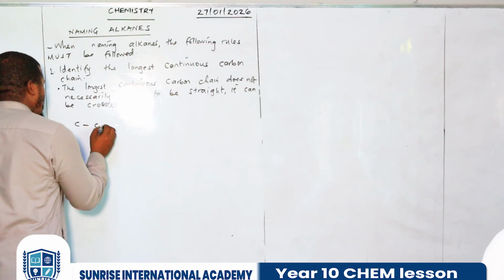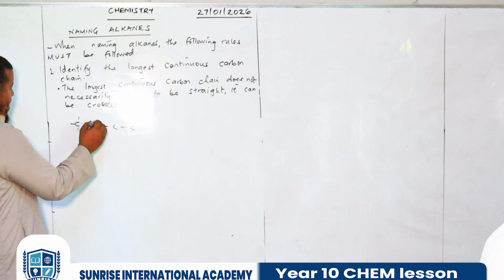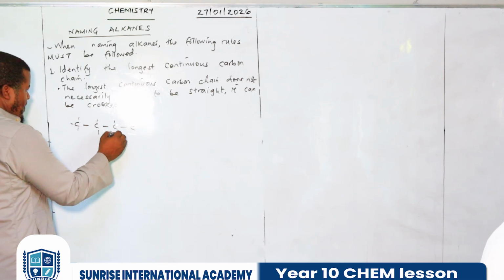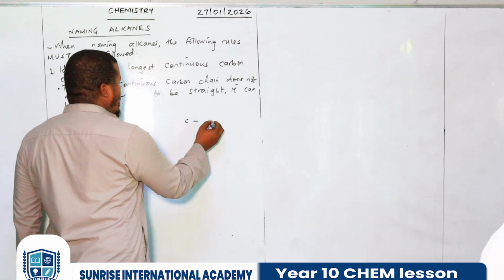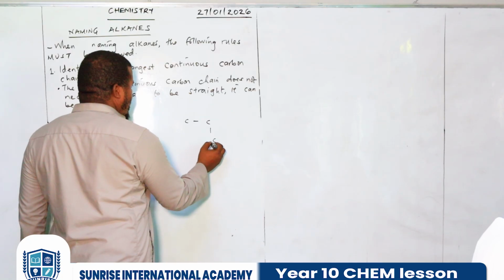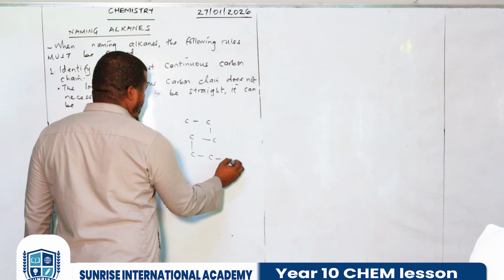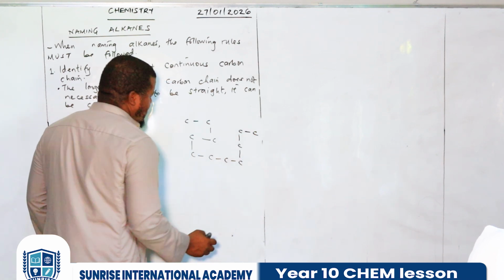We can have your longest continuous carbon chain straight, as indicated, or you can have it this way. Your longest continuous carbon chain can look like this. It doesn't have to be straight.